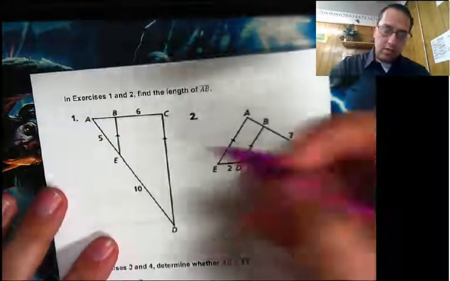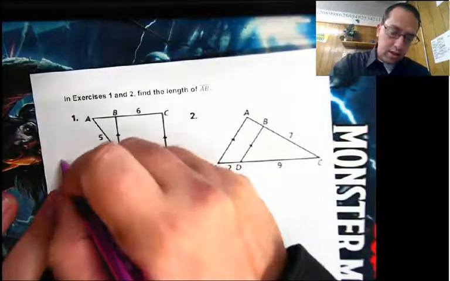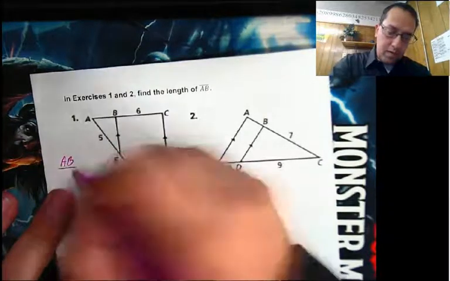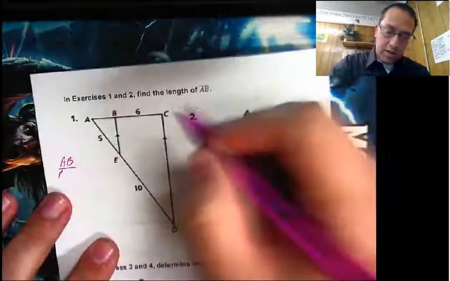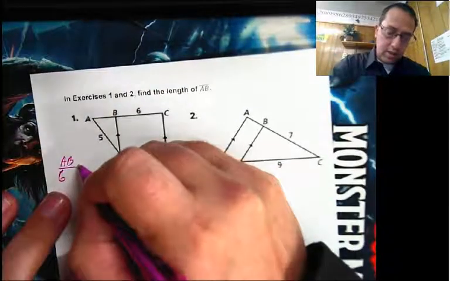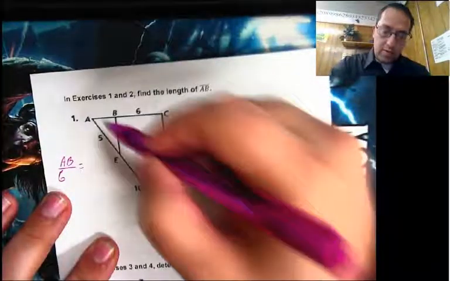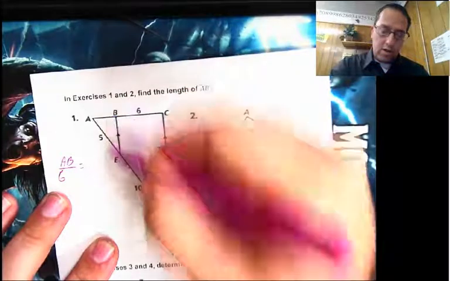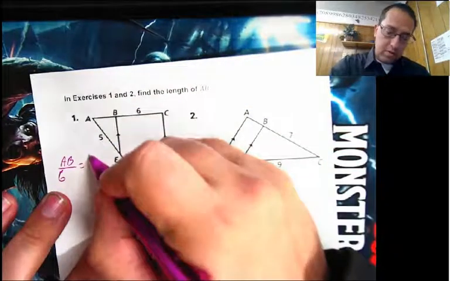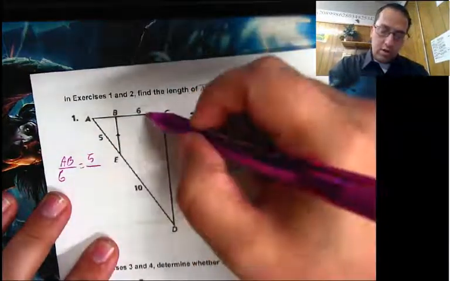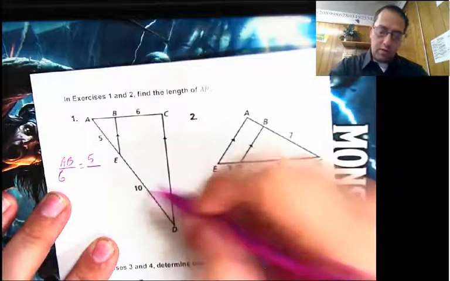We could set this up in a variety of ways. I'm going to set it like this: AB over BC, which is 6, is equal to, AB is for the little triangle, so I need the piece of the little triangle there, which would be 5, over this big piece down here, which would be 10.